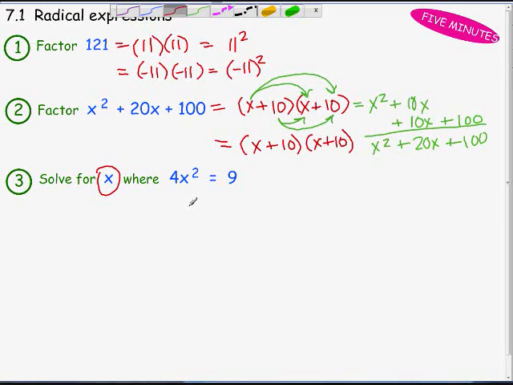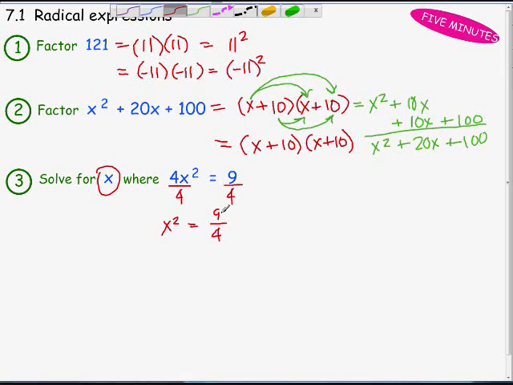We want a coefficient of 1. This is being multiplied by 4. We're going to do the opposite operation. We're going to divide by 4. What we do to one side, as long as we do it to the other, the equation will remain true. Now I've got x squared equals 9 divided by 4.